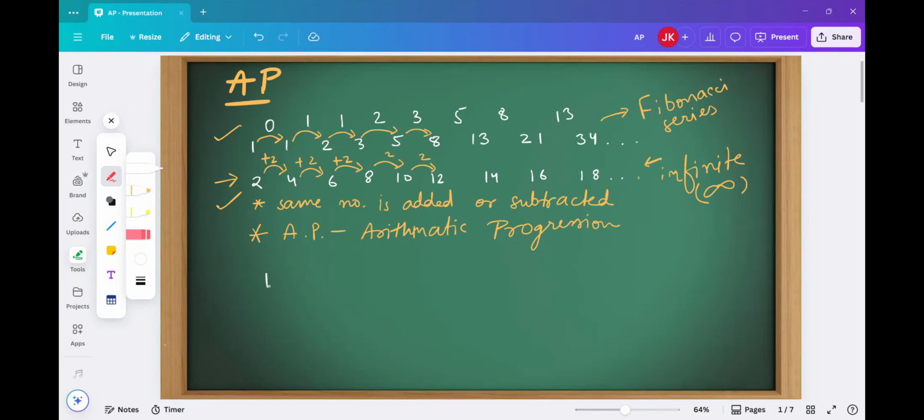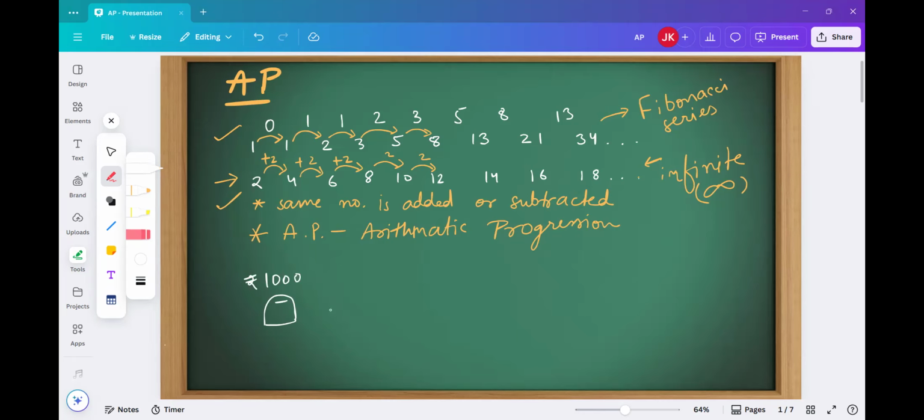I have 1,000 rupees in my piggy bank, and I am taking out 200 rupees every month.